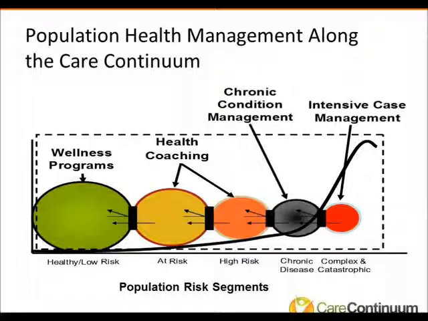This slide is a representation of the expansion of interventions that we now call population health management. Originally, such interventions were really focused on those segments of the population that had already been identified as having a chronic illness or multiple chronic illnesses.